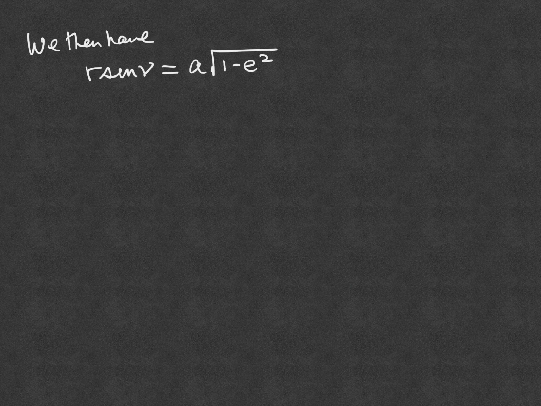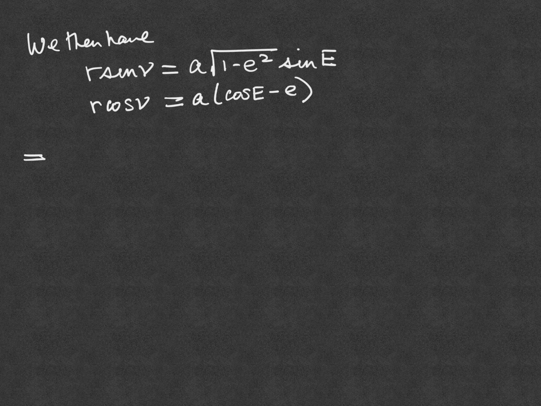So we then have R times the sine of nu is equal to A times the square root of 1 minus E squared times the sine of E. And we have R cosine of nu is equal to A cosine of E minus little e.